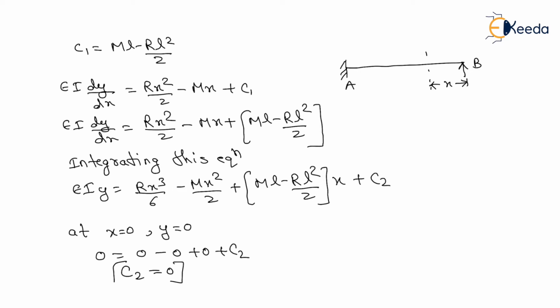Now we have found the value of C2 as 0. Now again putting this value in the EIY equation, we will get EIY is equals to Rx cube by 6 minus Mx square by 2 plus ML minus RL square by 2 into x.